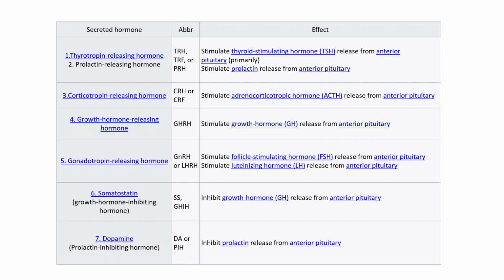Gonadotropin releasing hormone stimulates FSH and LH release from the anterior pituitary. Somatostatin is growth hormone inhibiting hormone, so it inhibits growth hormone release from the anterior pituitary. Dopamine is prolactin inhibiting hormone, so it inhibits prolactin release from the anterior pituitary.